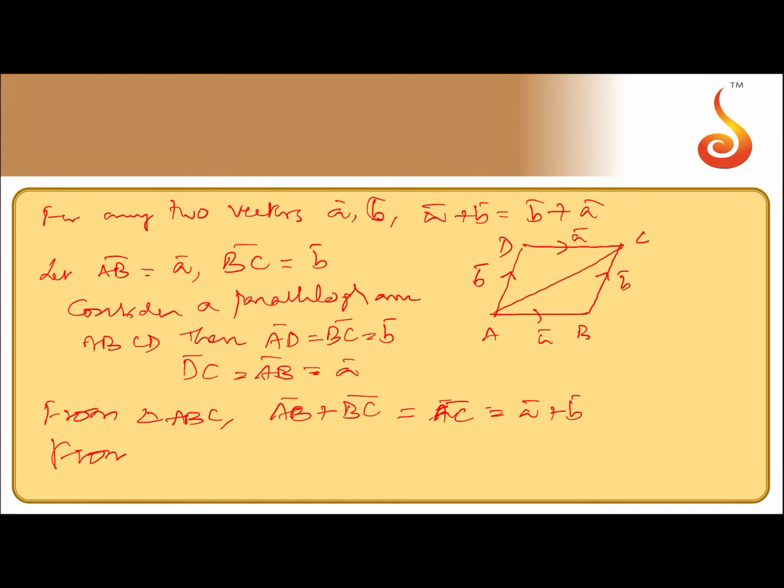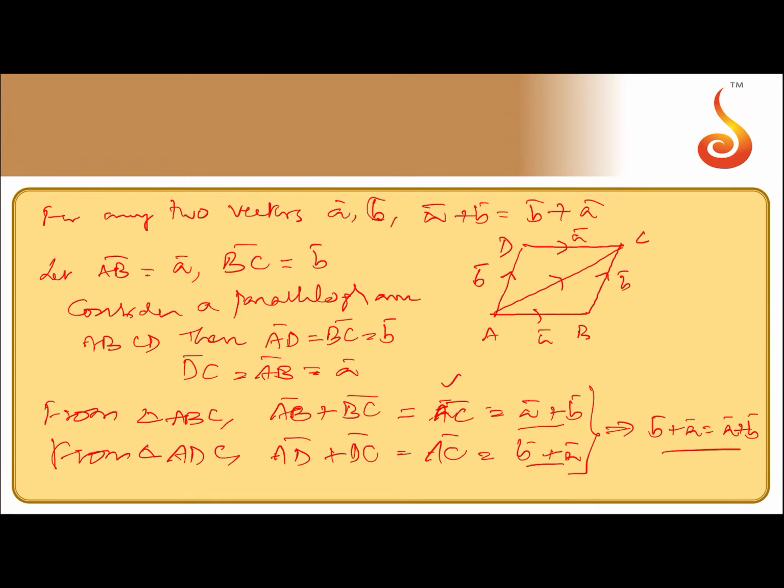Whereas from the triangle ADC, the same thing, AD plus DC is the same as AC, and that is equal to B plus A. So from these two conditions, both resultant vectors are nothing but AC only, and therefore you can say that B plus A is the same as A plus B. So this is how we prove the commutative law.